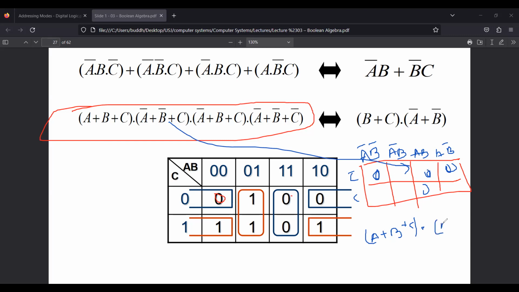So I write it here. This one, A bar plus B bar plus C, right?